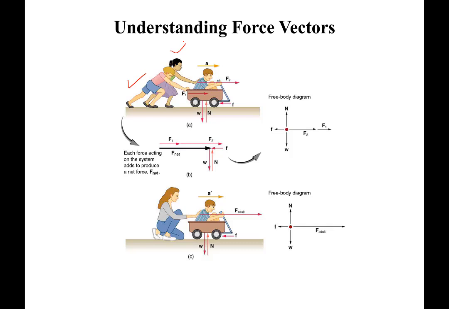It seems that the dad is sitting in the wagon, and the child is pushing the dad, and the mother is also pushing the dad. Fun scenario. All right, so when we push it, how many forces are acting? F1 from the little girl, F2 exerted by the woman, and the force of friction is acting in the opposite direction.